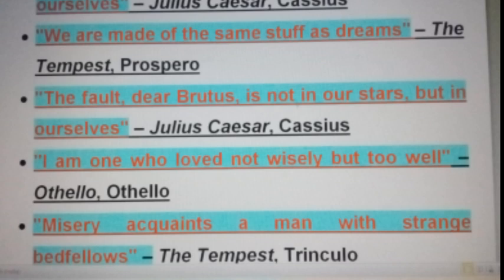Prospero speaks these lines in The Tempest. The fault, dear Brutus, is not in our stars, but in ourselves. A line spoken by Cassius in Julius Caesar. I am one who loved not wisely, but too well. Othello speaks in the play Othello.